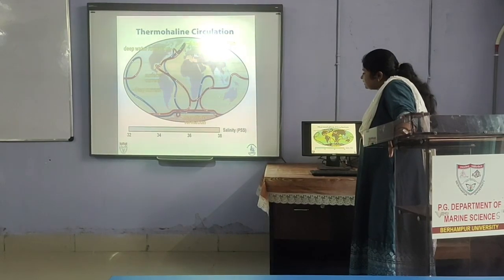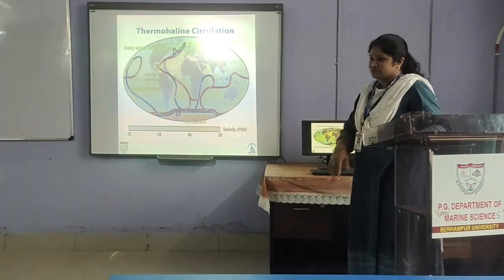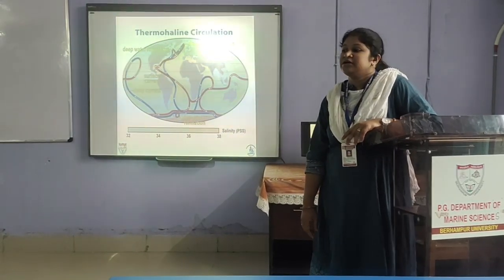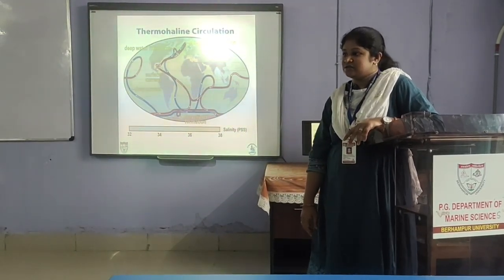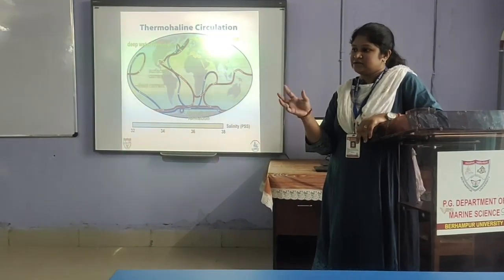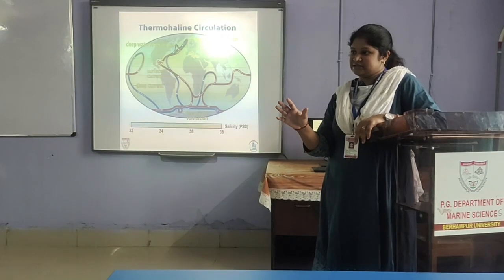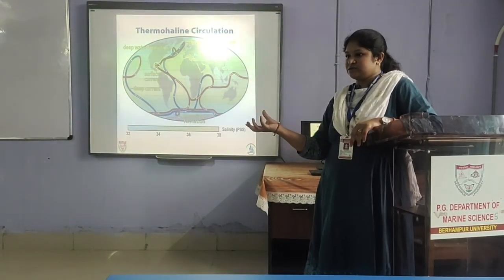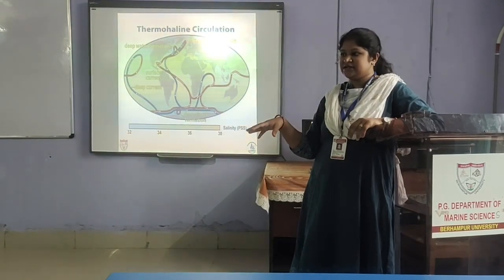Here the salinity is less. Basically, temperature is one factor which creates the deeper water. In the polar region only, the deeper water will form. It comes to the equator, then again the salinity becomes less. Then it will flow a certain path, then again go to the polar region, where the density increases.